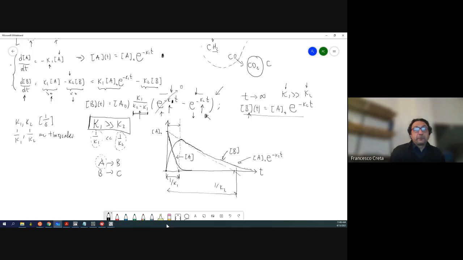A is depleted with a very fast time scale. We have here what is called a temporal boundary layer.